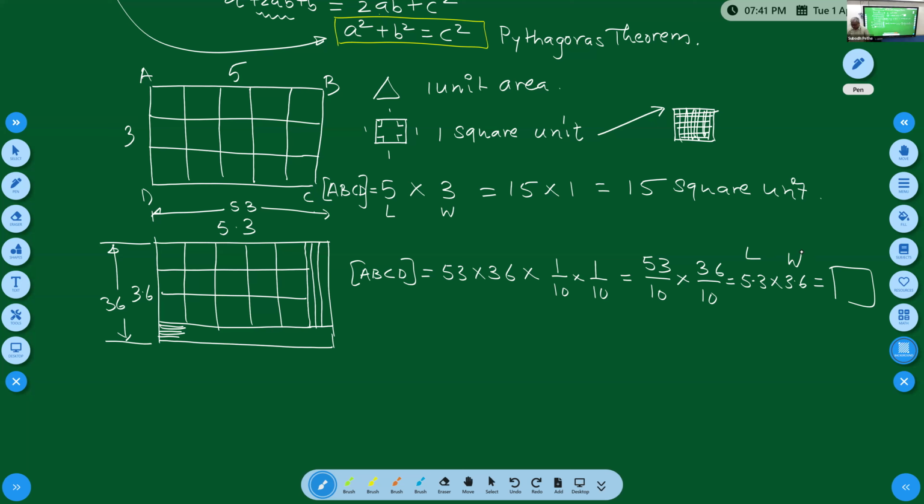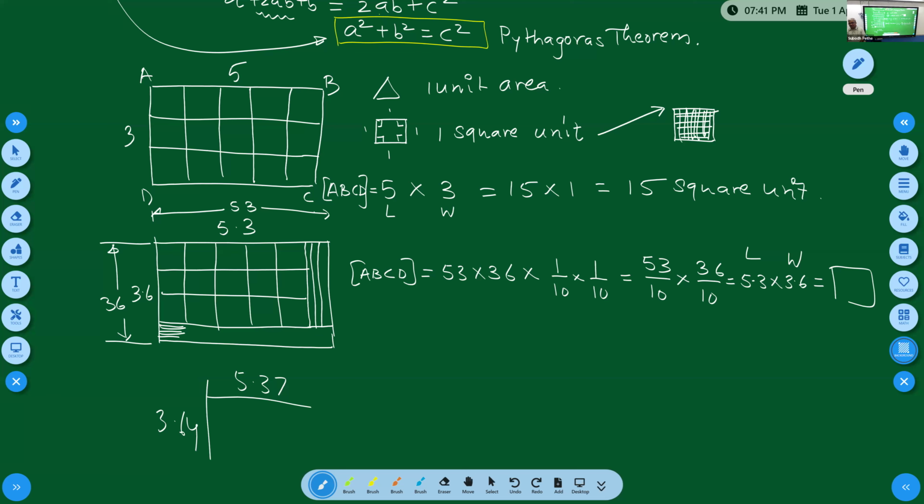So if we have a decimal, if our sides are not integers, if they are 1 digit sides, then we can use this technique and arrive at rectangle area is length into width. If we have 2-digited sides, 5.37 by 3.6, we have to continue doing this no matter how many digits we have.